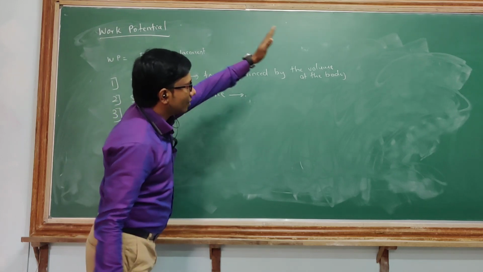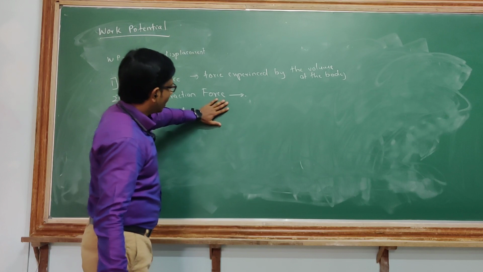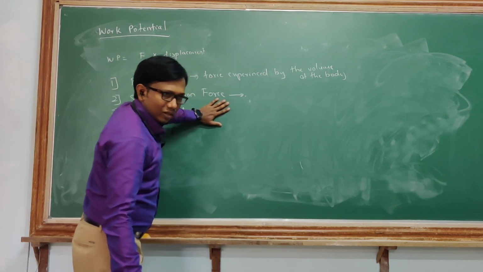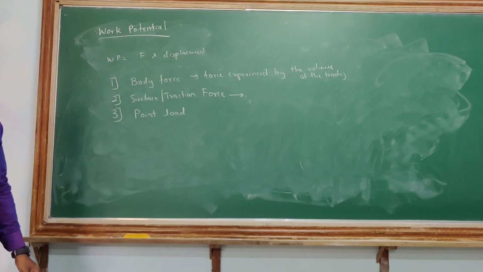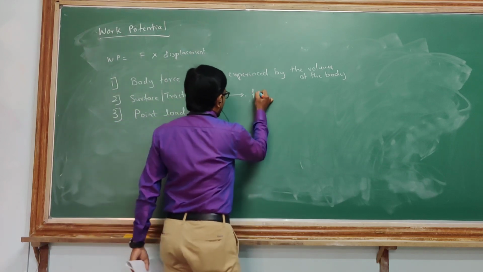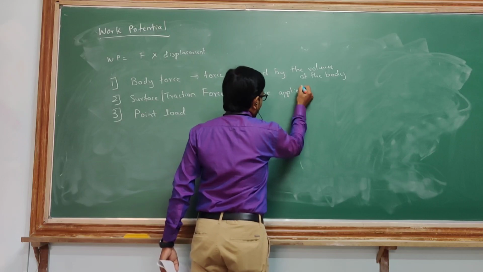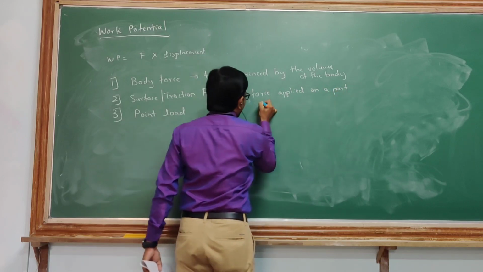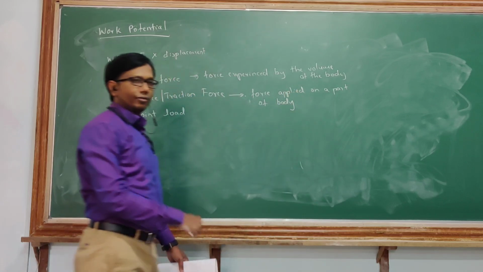The board has a larger area, but on a specific area I am applying the force. Such a force is called a surface force or traction force. The force applied on a part of a body is called a surface force.